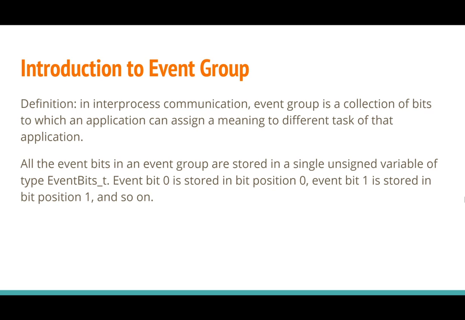So when do we use event groups? When we plan on waiting for an event to occur, as in the previous example that I just mentioned, where task A will terminate itself after task B finishes its process.